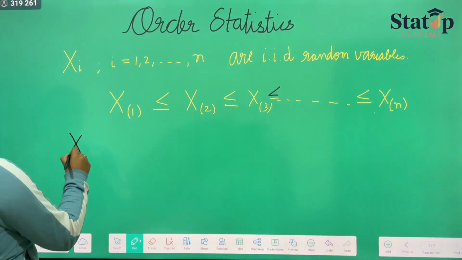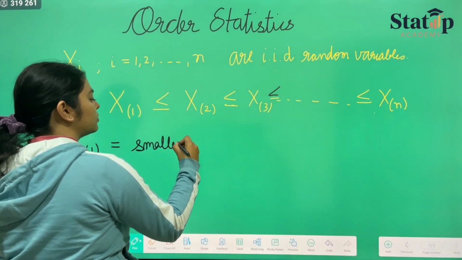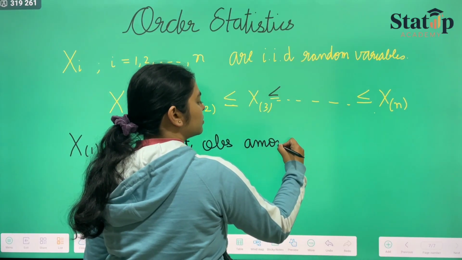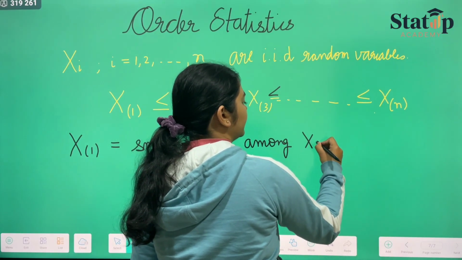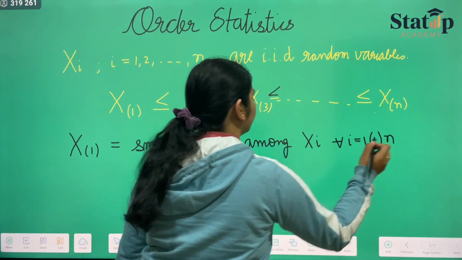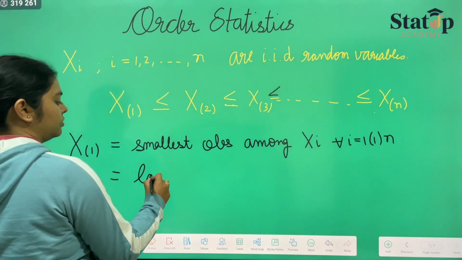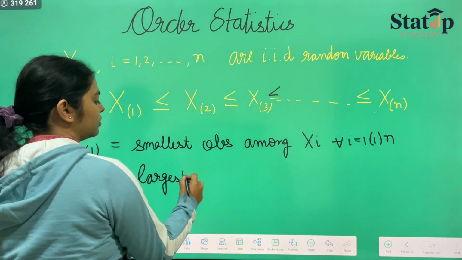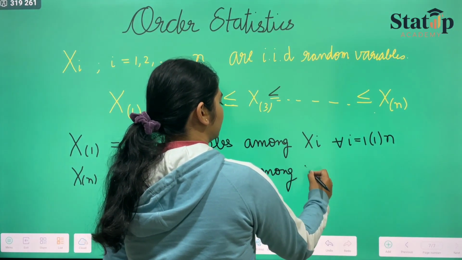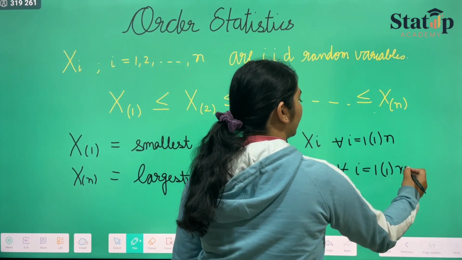Let me show you that X1 is the smallest observation among Xi's for all i going from 1 to n. If we talk about Xn, it is the largest observation among all Xi's for all i going from 1 to n.